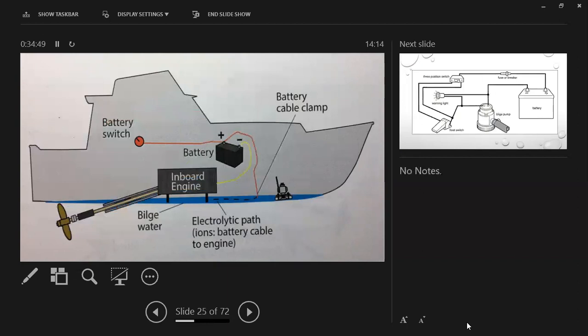So what would you expect to see of that battery clamp after a day or two? When you discover what's going on and you pull that wire out, it's part gone. You've got a little green mushy stub, because that became the anode and it got sacrificed.